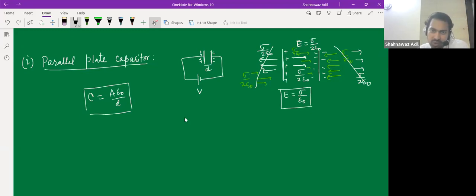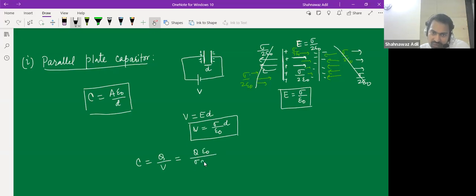So V is how much? V is E into d, so V is sigma by epsilon naught times d. And the capacitance is Q by V, which is Q by sigma d over epsilon naught.